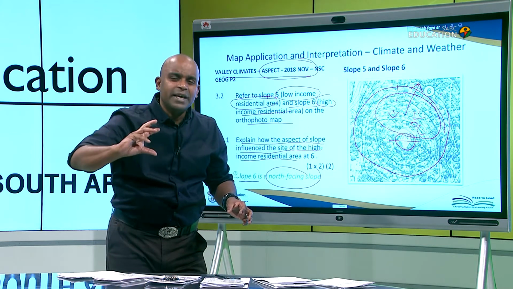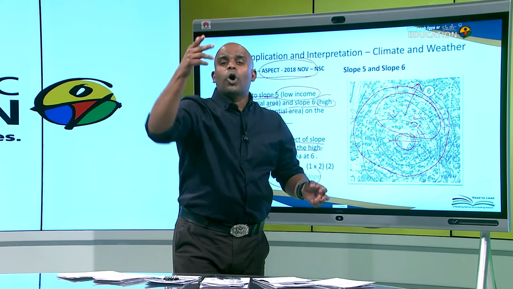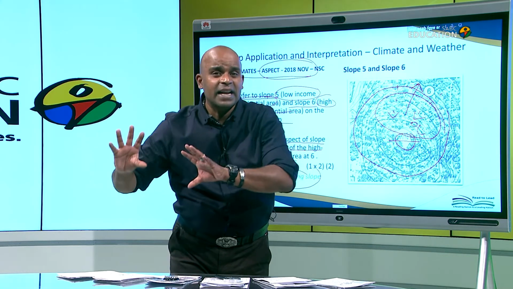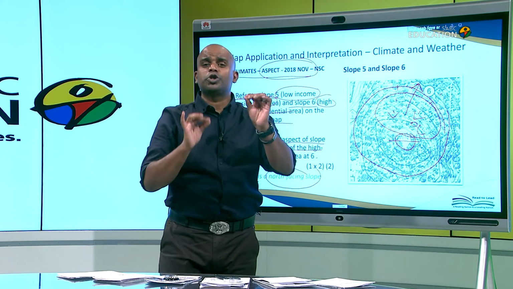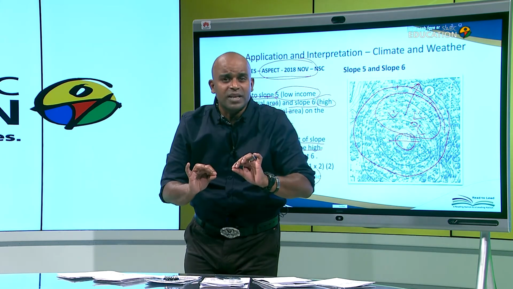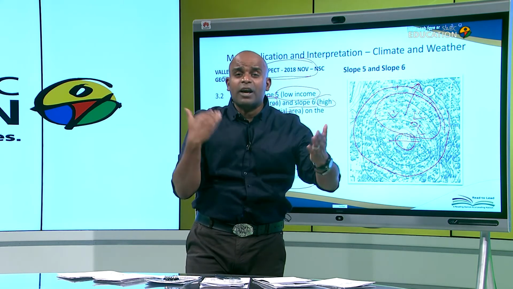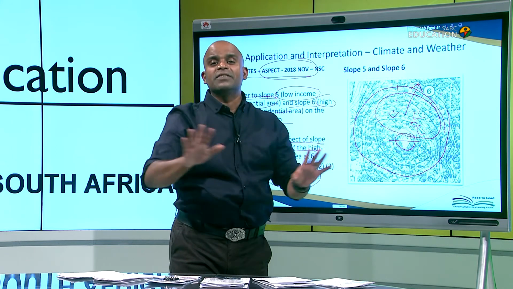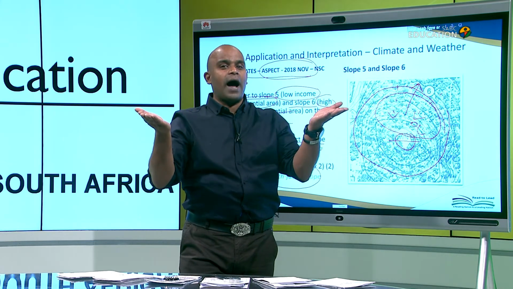So, what is being examined? Again, your ability to identify the slope by looking and analyzing the contours, you should be able to determine which is a north-facing slope and which is a south-facing slope. And according to the theory of aspect, you should know that the north-facing slope receives the direct sunlight, therefore higher in temperature.